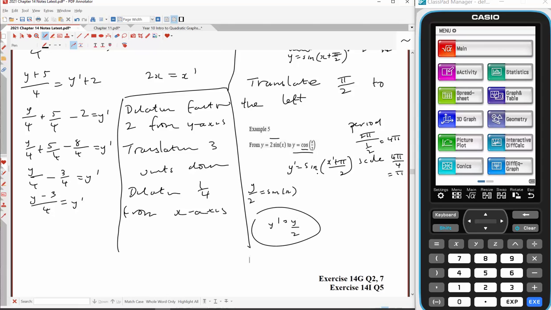All right, now this one here, we're going from x to x dash plus pi all over 2 times by 2, which is 2x, equals, not equals, take away. All right, so this one here will be a dilation factor 2 from y and a translation pi to the right. So I did mess that up by recognition, so all the more reason.